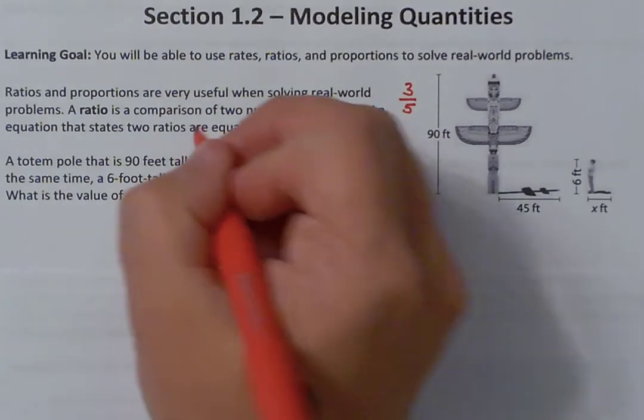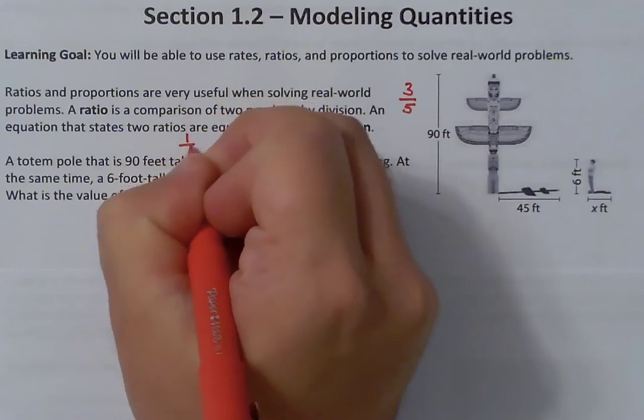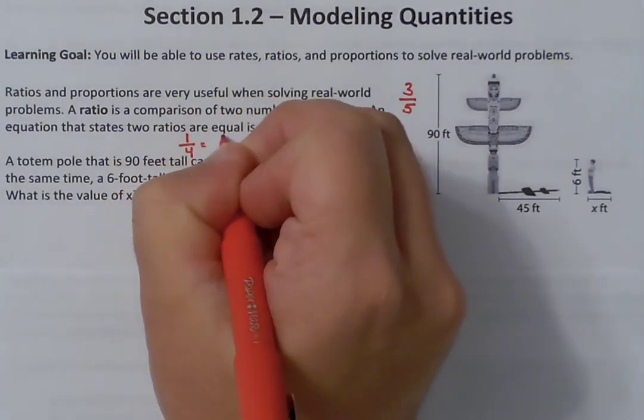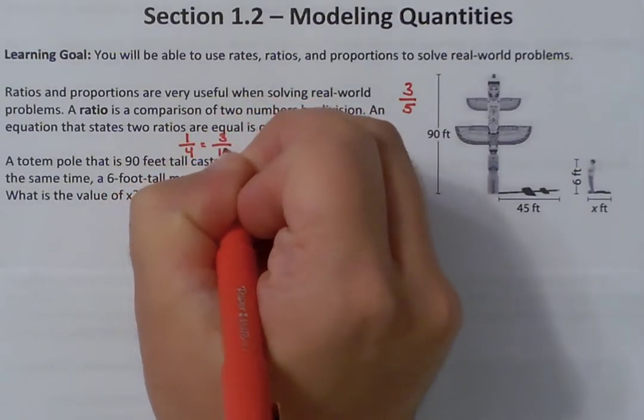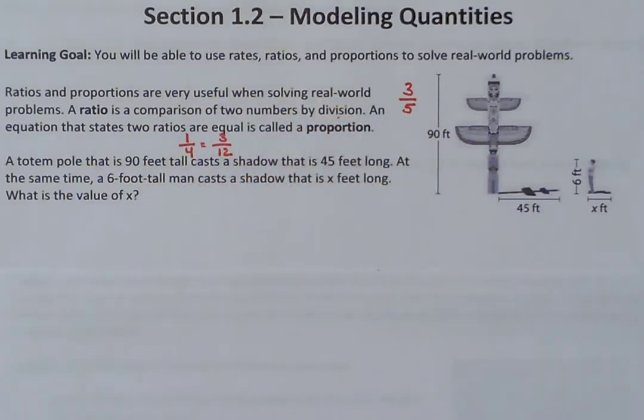So an example of a proportion would be like 1/4 equals 3/12. There are two different ratios, and they are equal to each other, and they're set equal to each other in this problem, and that is a proportion.